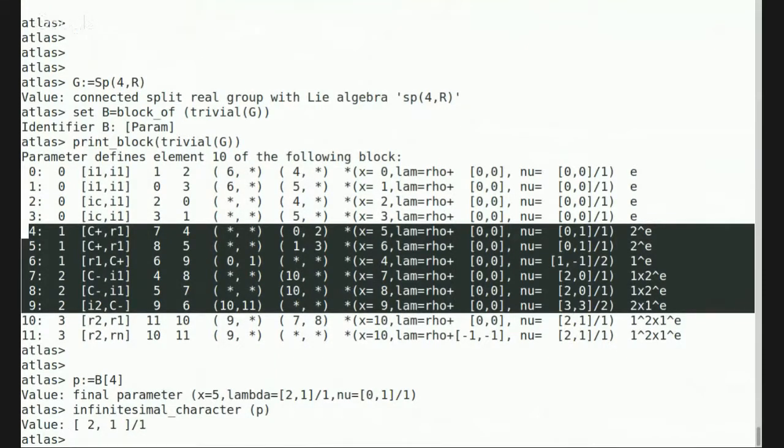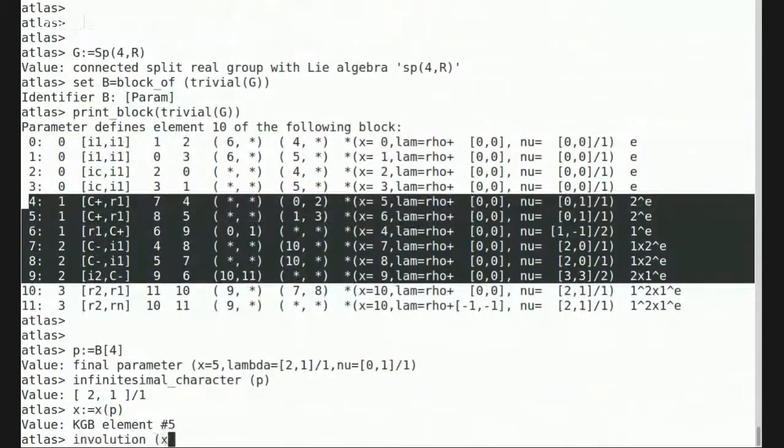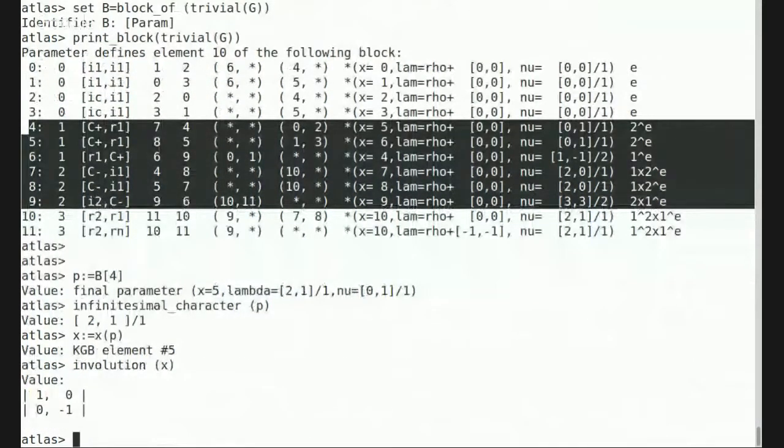Let's take x to be x of this one, and look at the involution of x. This is neither 1 nor -1. This is one of the intermediate Cartans, what people sometimes call the SL2 Cartan or the long root Cartan. The Levi factor here is SL2 cross GL1. Now, how did I know that? I'll come back to that.